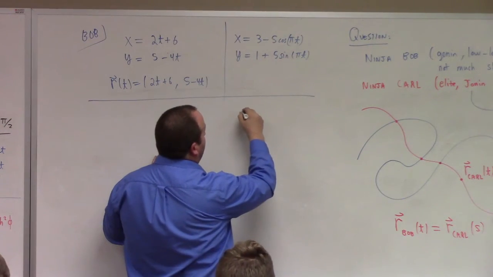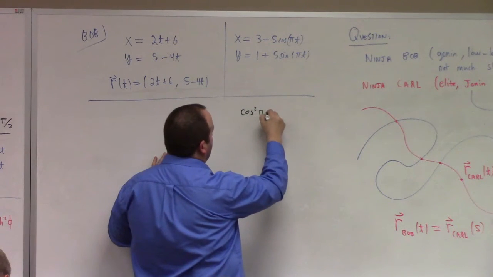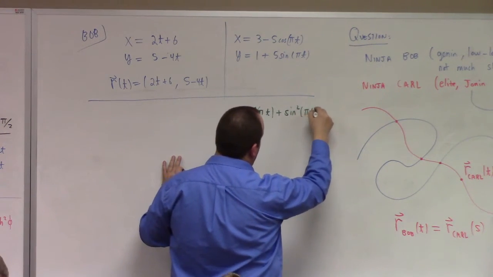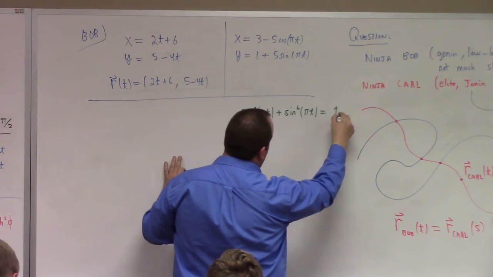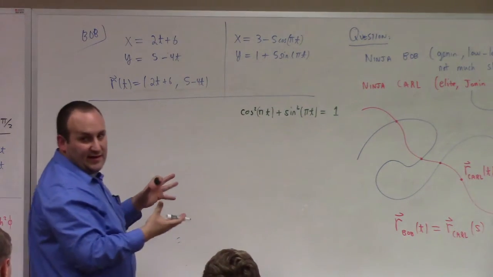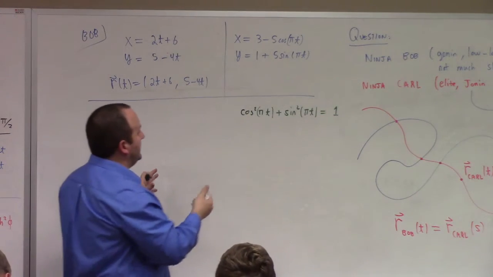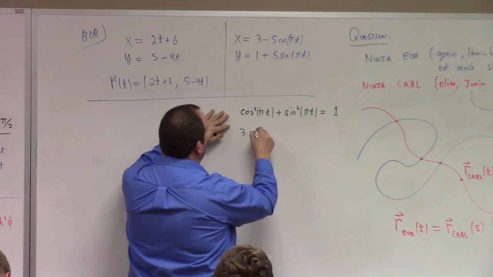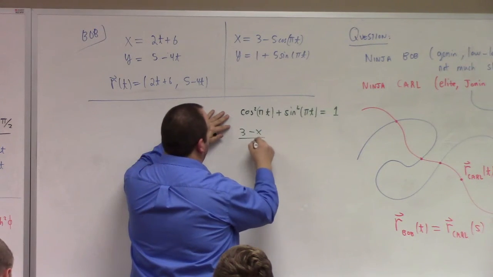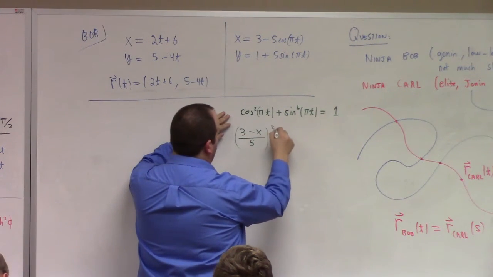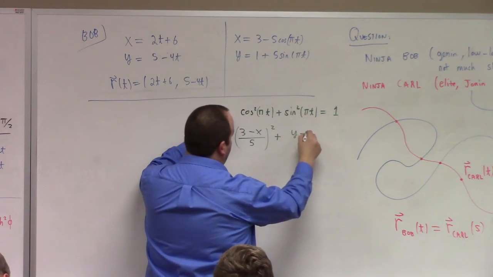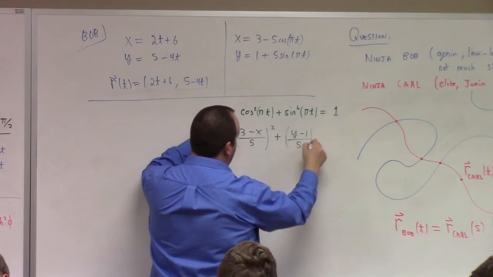So how do you convert? What's the Cartesian equation here? I think of it this way. Cosine squared pi t plus sine squared pi t is what? It's 1, right? And you can get a cosine pi t and a sine pi t from those expressions: ((3 minus x) divided by 5) squared, plus, solving for sine, ((y minus 1) over 5) squared.